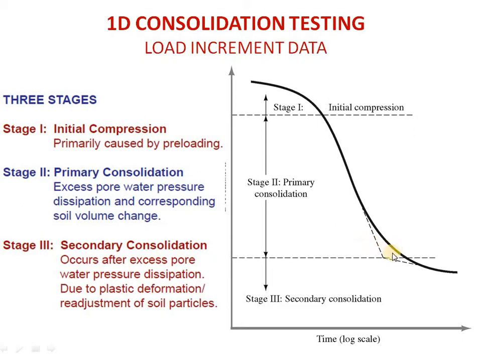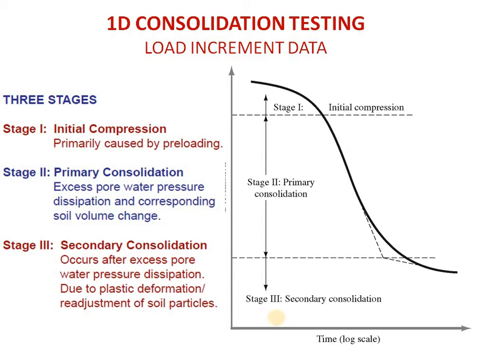Again further, when the load is increased, the excess water has already expelled out and compression of the soil has taken place. This is known as your secondary consolidation, that occurs after excess pore water pressure dissipation due to plastic deformation, readjustment of the soil.